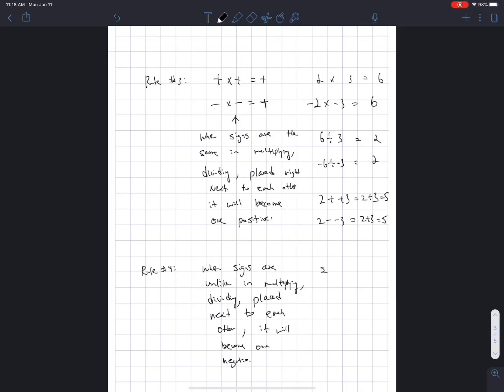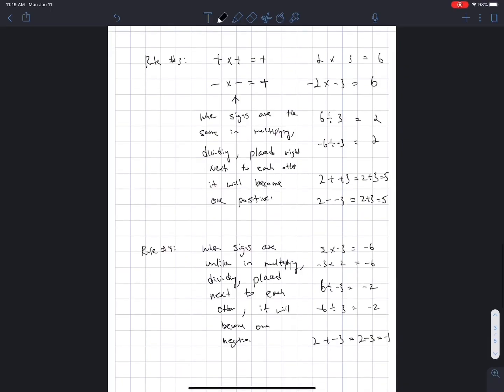So if I have 2 times negative 3, a positive times negative is negative. Negative 3 times 2, negative times positive is still negative. Division as well, 6 divided by negative 3 is negative 2. Positive divided by negative is negative because the signs are unlike, and negative 6 divided by 3 is still negative. When I have a positive and a negative sign right next to each other, it will just become negative, and 2 minus 3 is negative 1.